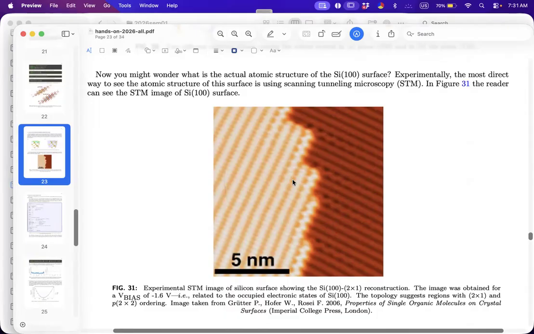So let's say supposedly I know this is silicon, but where exactly are the silicon atoms, right? The experimentalists cannot tell you exactly where the silicon atoms are, and that's the reason why they need this kind of simulations.